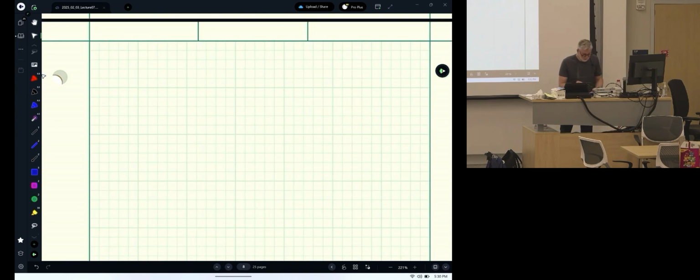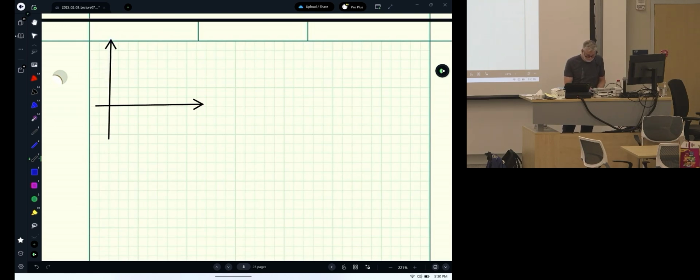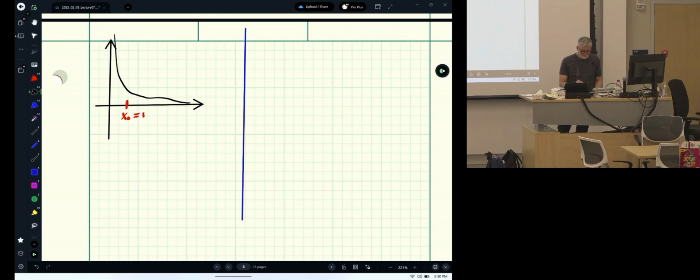Okay, we'll take our break. So let's continue with just a few more examples. x0 equals 1. And here's a function that blows up, okay?